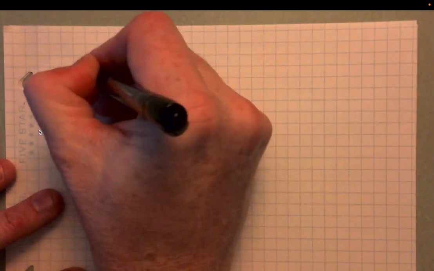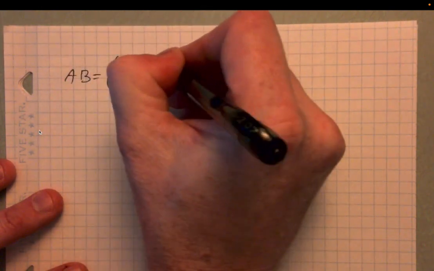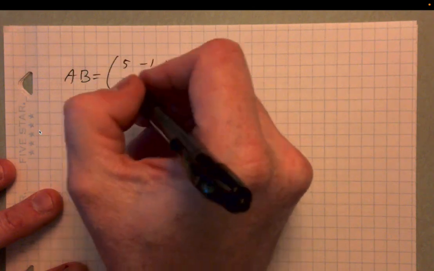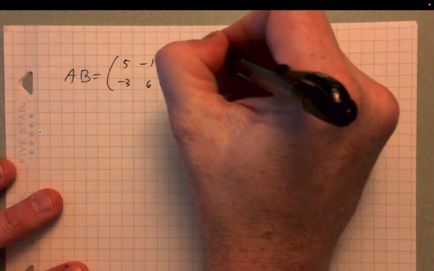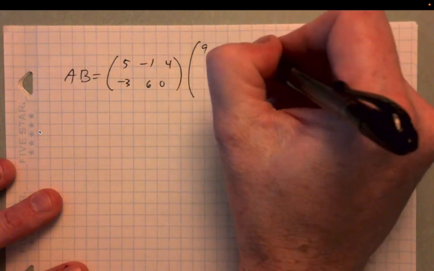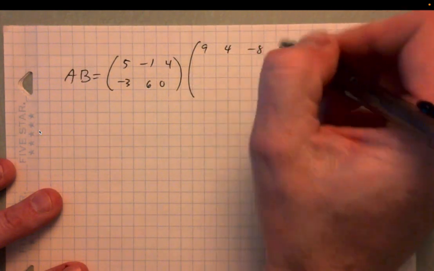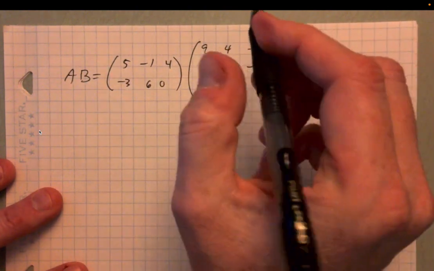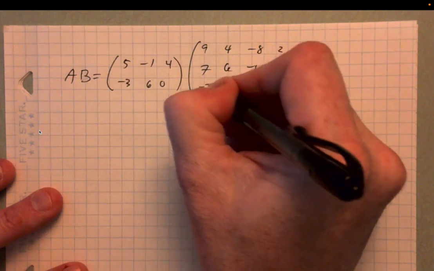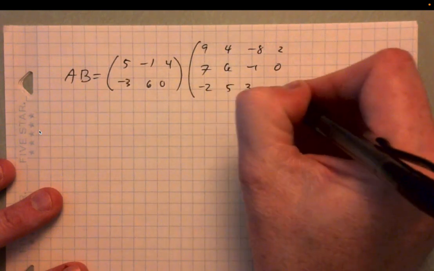Okay, so let's think about another way to kind of visualize this calculation. Let's say I want to multiply AB. Okay, so I can write the matrix out here: 5, -1, 4, -3, 6, 0. Right, and then I can say, okay, I got to rewrite this: 9, 4, -8, 2, 7, 6, -1, 0, and -2, 5, 3, -4.